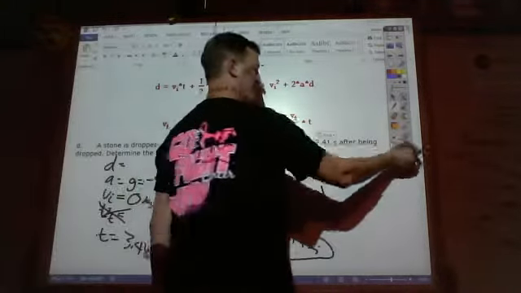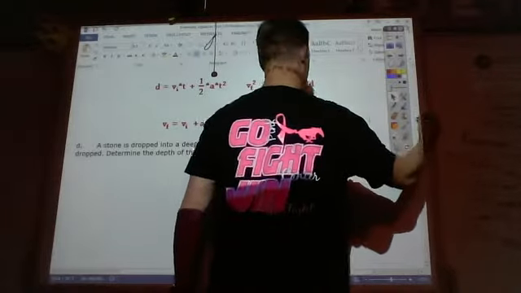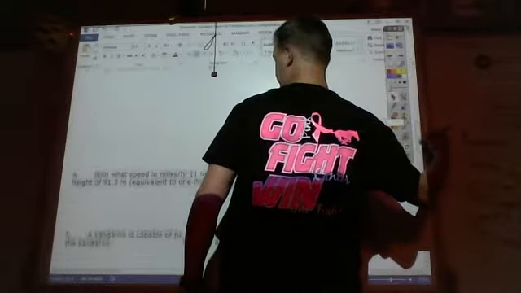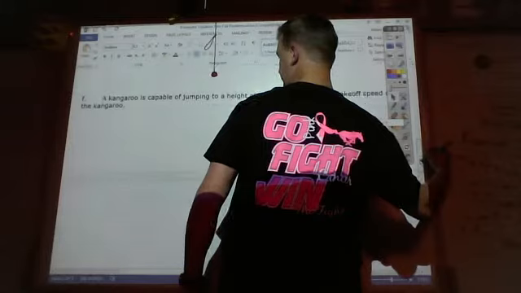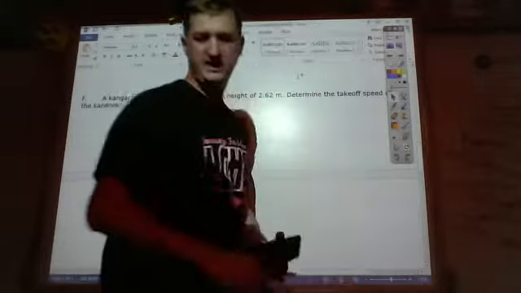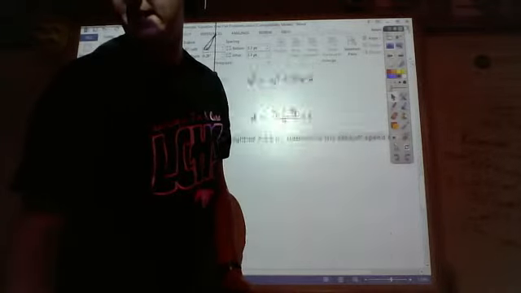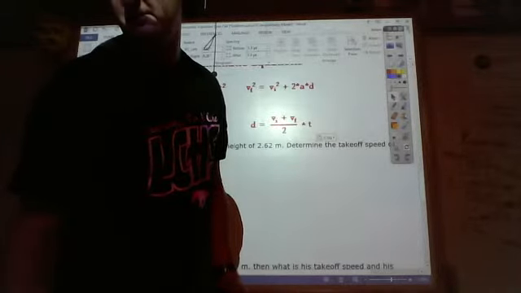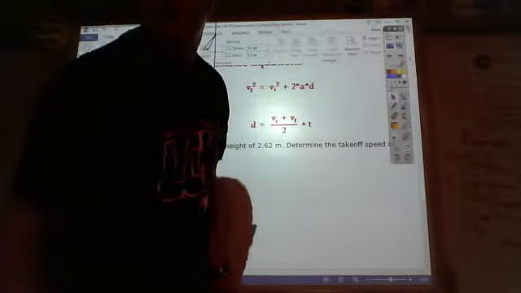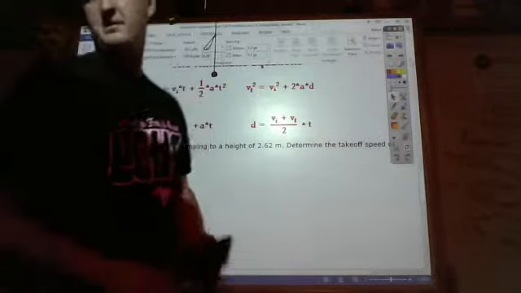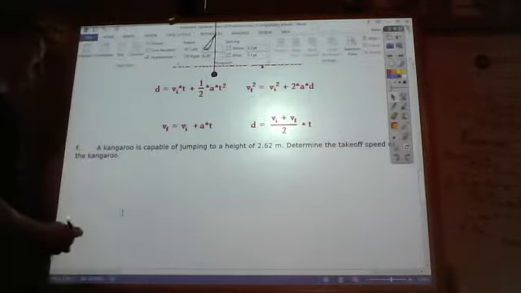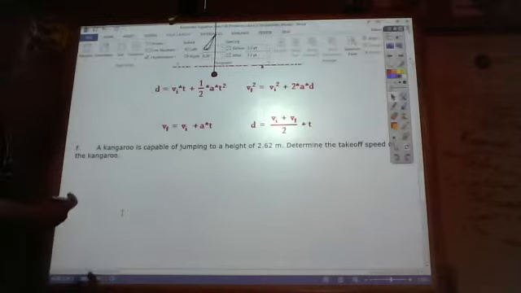So now, the fatal kangaroo problem. I'm just going to enter my kinematic equations just for future reference right up there. All right, kangaroo. A kangaroo is capable of jumping to a height of 2.62 meters.